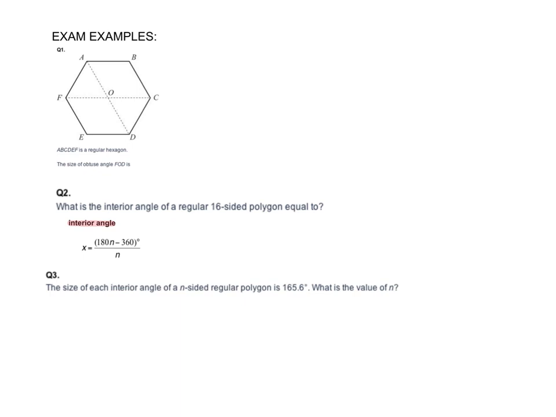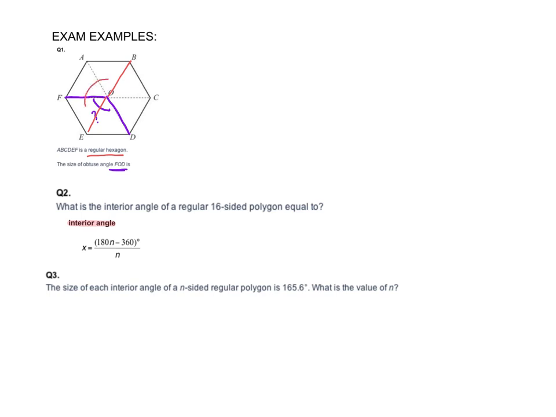So let's do a couple of questions. Here is the exam question, asking us to find the size of the obtuse angle FOD. When they do that, they want FOD. This is the question in there. They told us it's a regular hexagon. Because it's a hexagon, I can break it into 6 equal triangles.